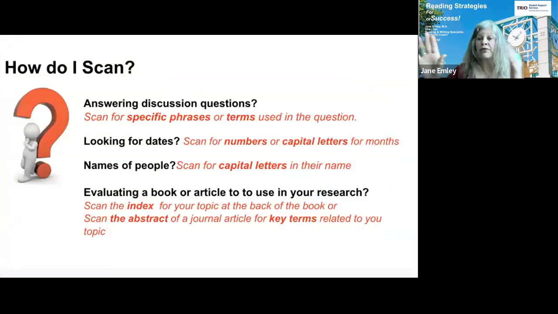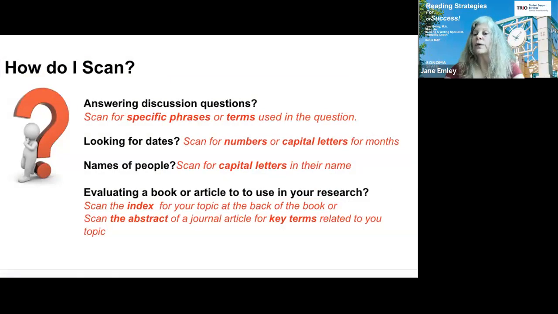Your eyes are going to move very quickly over the text. You're not reading every word. You are just sort of laser focused. So if you were, for example, scanning for information to help you answer discussion questions, I would start by carefully reading that discussion question, identifying some key terms or a name or a date, and then I would scan for that particular language.